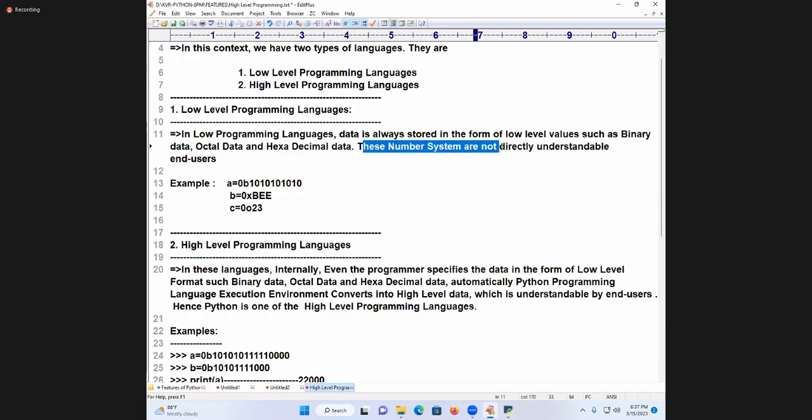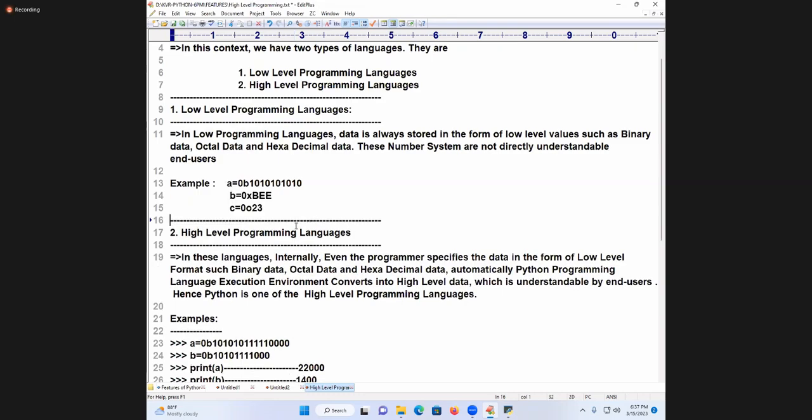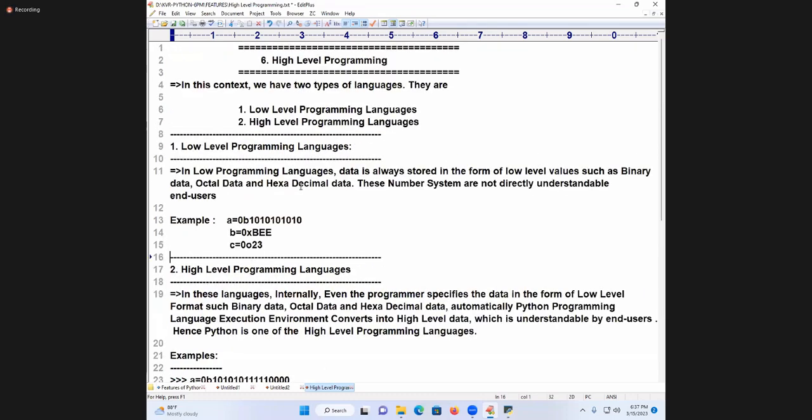These number systems are not directly understandable by end users. Will the end user understand these values? No. Such number system values are automatically converted into which language? High level. Who will do this conversion? Python. That's why Python is what?